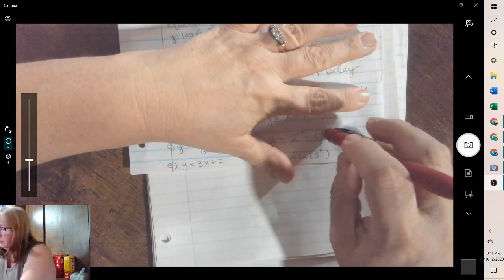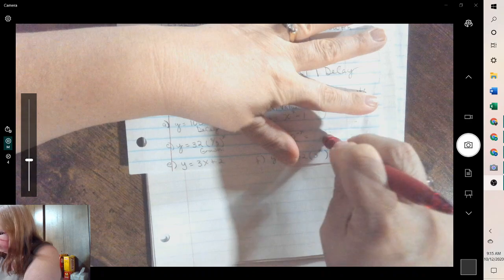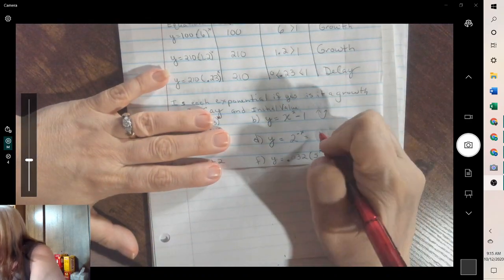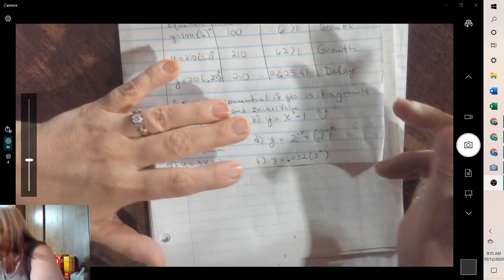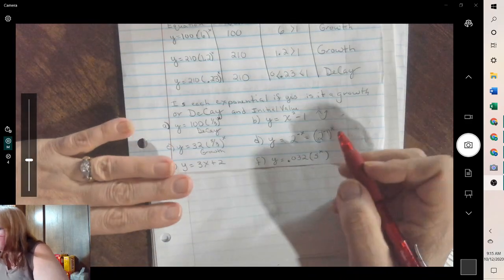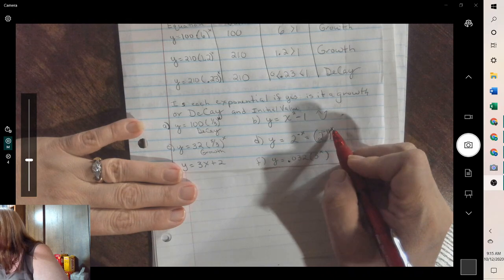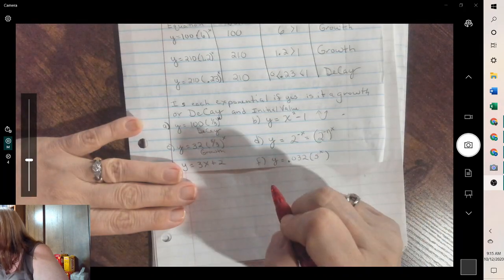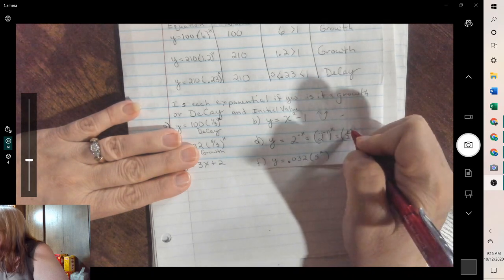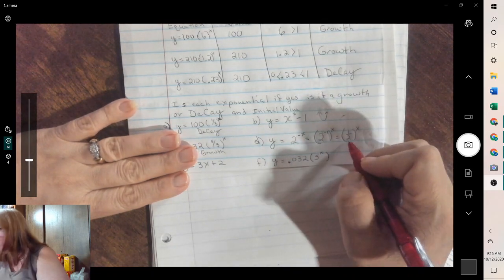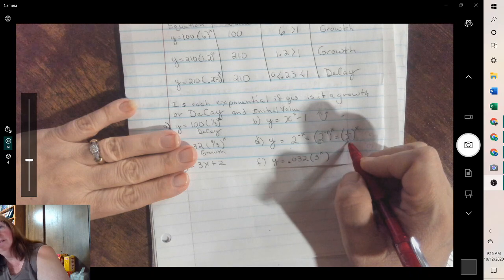So what I did was I took 2 to the -1 to the x, because these get multiplied. An exponent to an exponent is multiplied. And then 2 to the -1 is 1/2 to the x. So this is actually a decay.